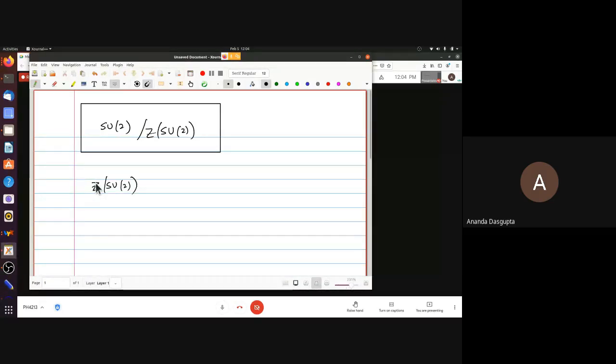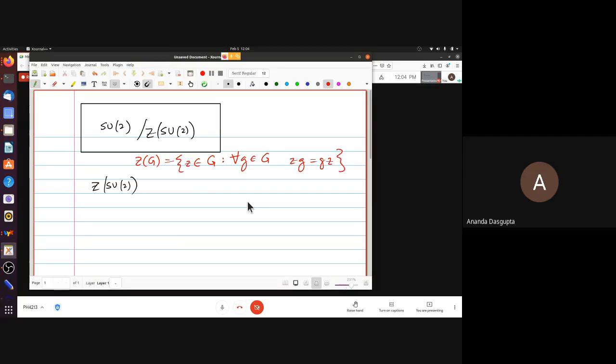So the center of SU(2) is of course all elements of SU(2) which commute with every element. Obviously the identity has to belong to the center, so the center is obviously a non-empty set. In general, the definition would be Z(G) is all elements z which belong to capital G such that for all small g in capital G, zg equals gz.